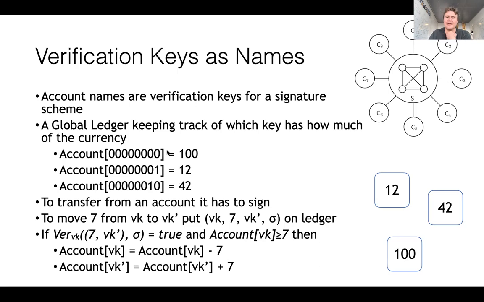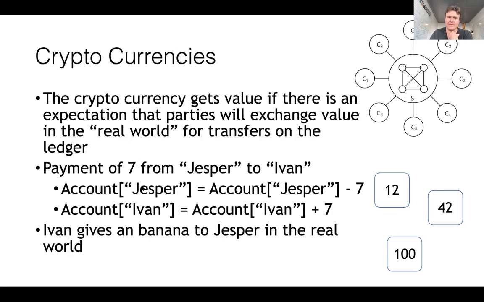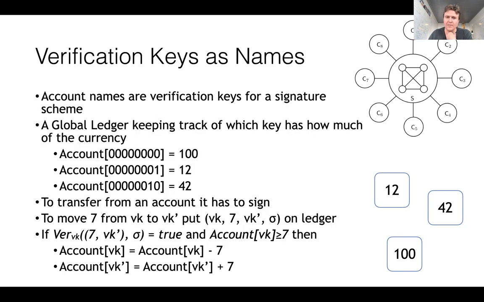So instead of naming the accounts with who owns the account or something like that, the account names are the public keys of signature schemes. So basically, for each possible verification key for the signature scheme used, there is an account.